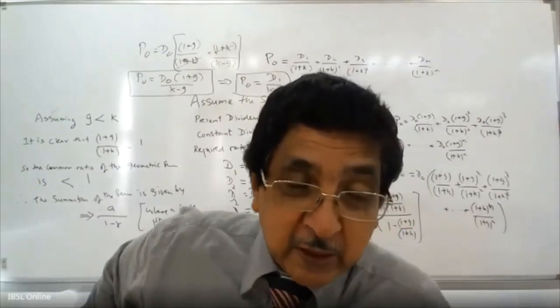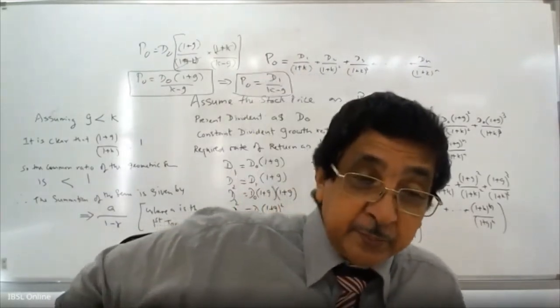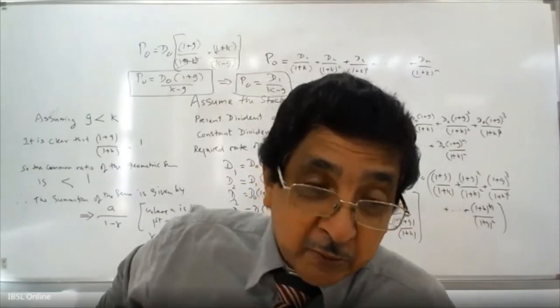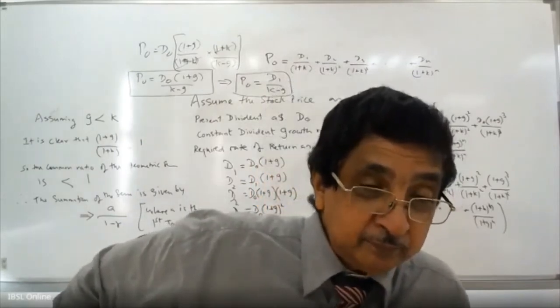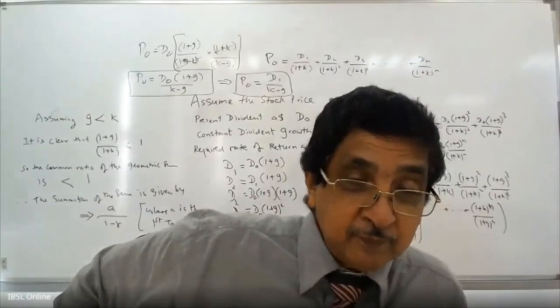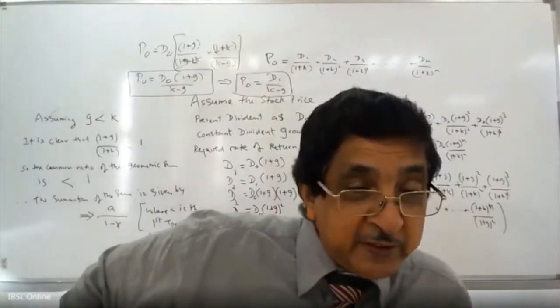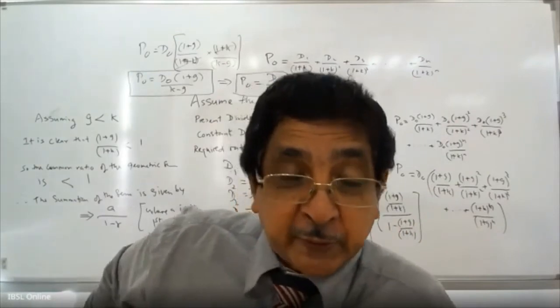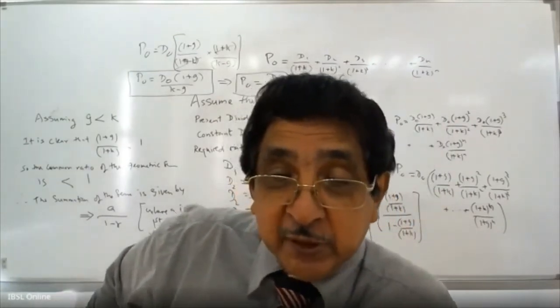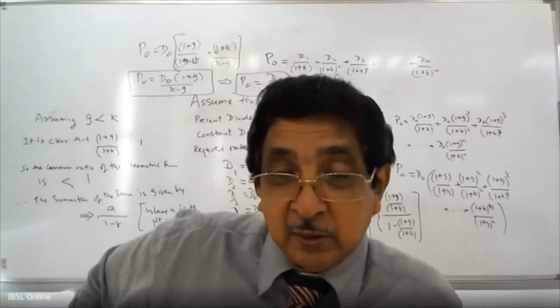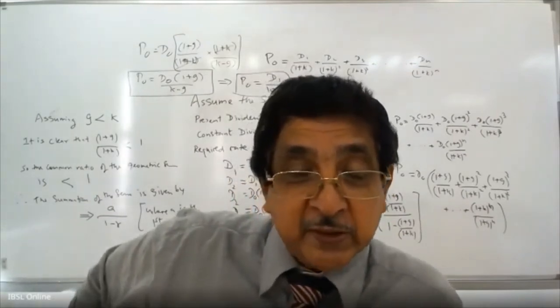That is how it goes. Or otherwise we can say P0 is equal to D0 into 1 plus G divided by K minus G. Are you okay with that? So that is what you call the one-stage dividend discount model.